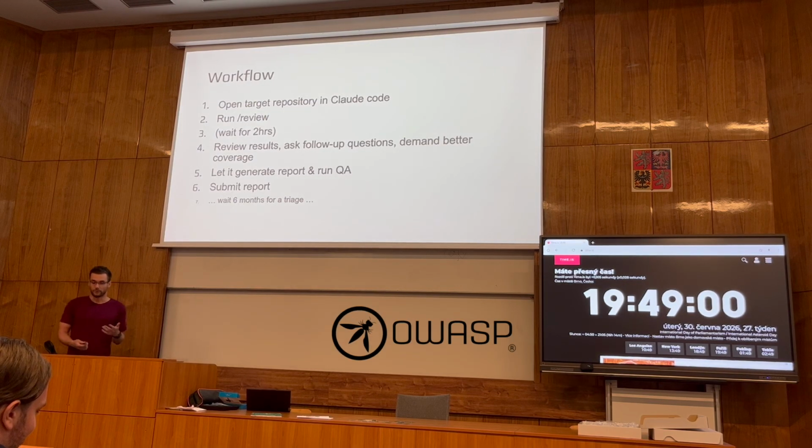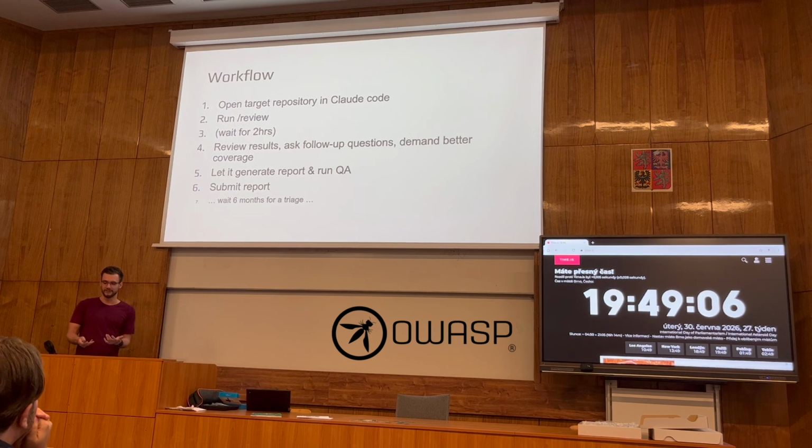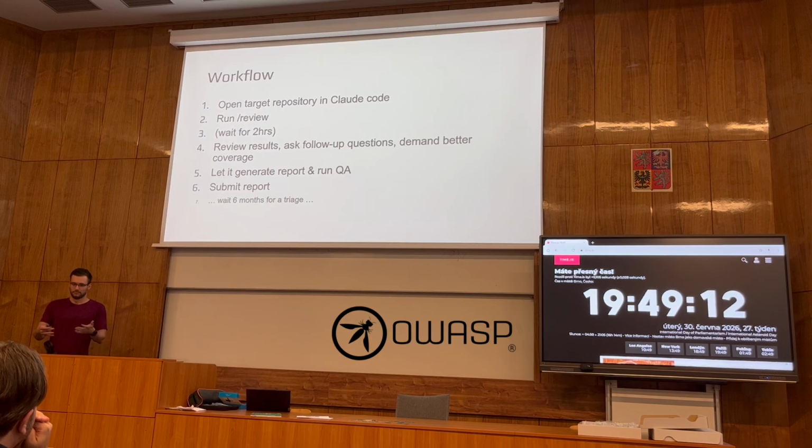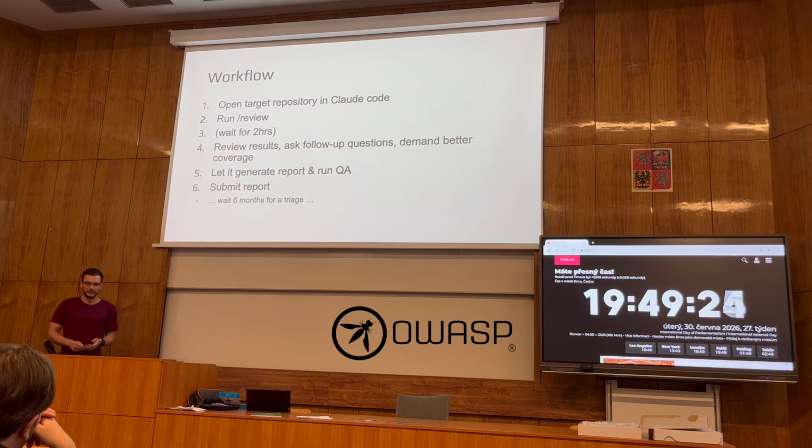And the typical workflow, how to use this tool for a given repository that you want to review for vulnerabilities, would be to open it in Claude Code, the editor used to do agentic software development. Then you run the /review command. Then you pretty much wait for 2 hours, give or take.